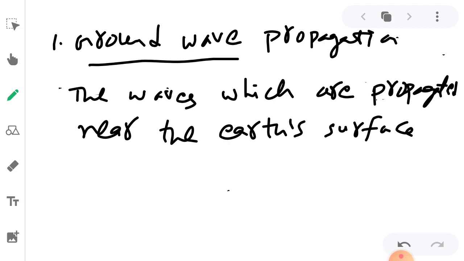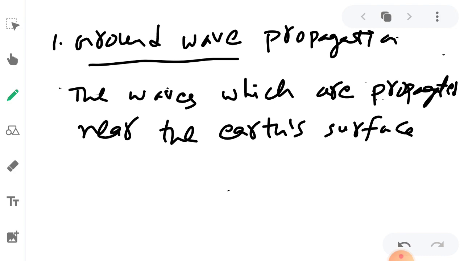The transmitting and receiving antennas are close to each other and to the earth's surface, and the distance this mode of wave propagation covers is less compared to sky wave and space wave propagation.